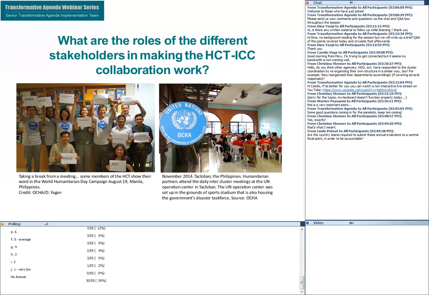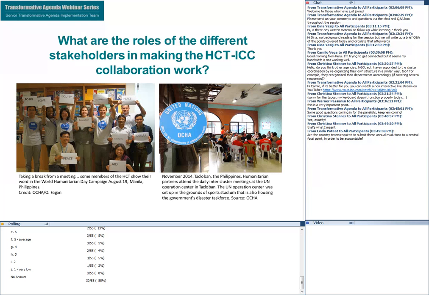A key challenge we have seen in several operations is a bit of this elitism or creation of cliques and groups who are privy to this access to the HCT. A very good practice that we've seen is having a separate coordination forum for NGOs who decide on how the presentation will have to be done. It doesn't always work, but it has a good rate of success.